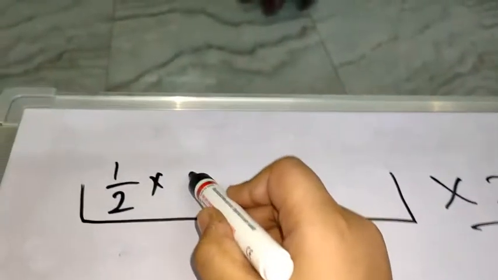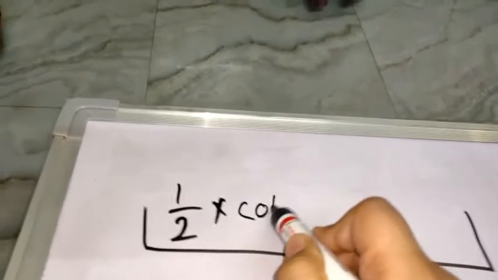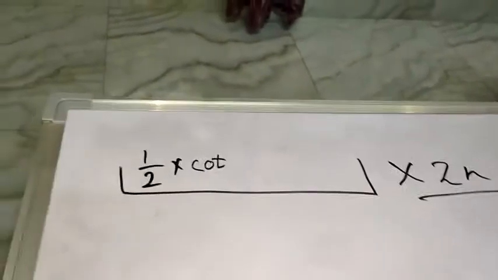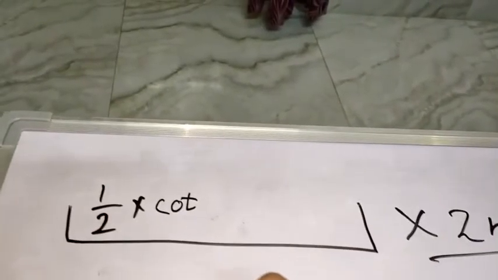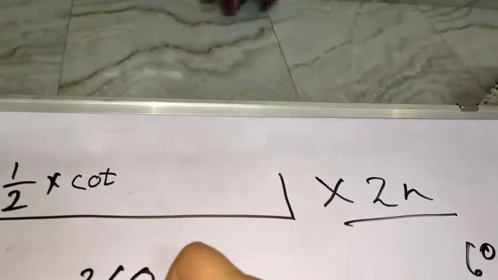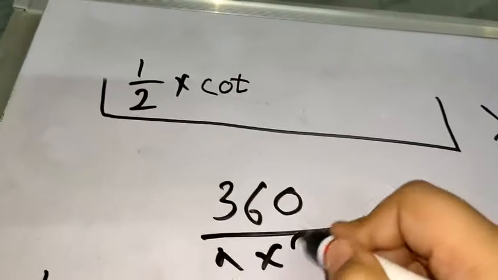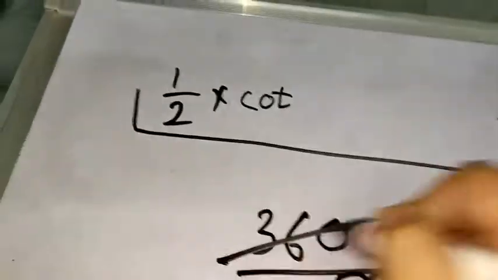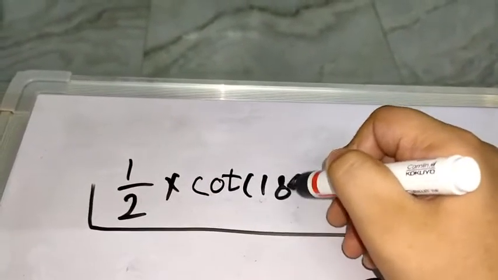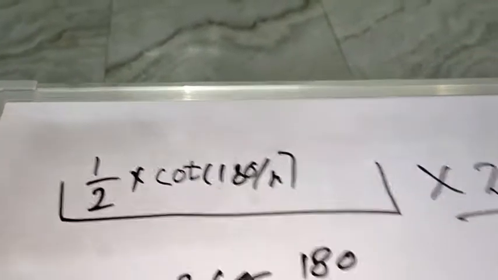We'll write half into cot theta. Now the question would arise: what would be theta? Theta here is this angle, which would be 360 upon the sides, which are n, into 2, right? And if we simplify it, theta would be 180 divided by n, right?